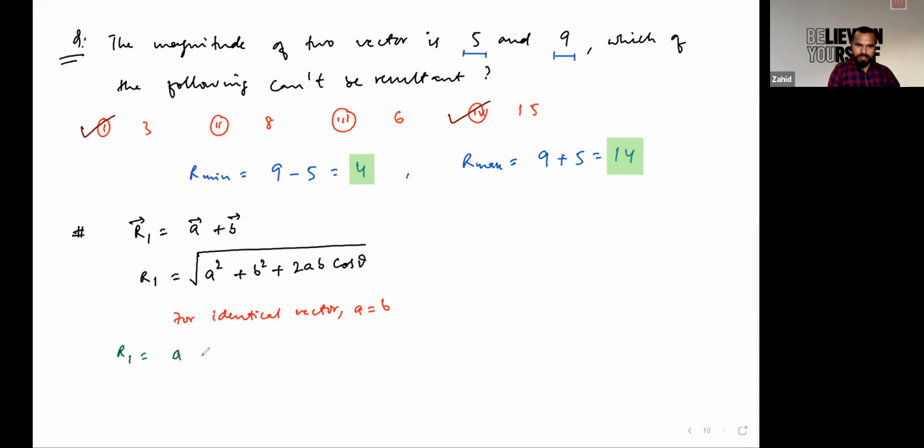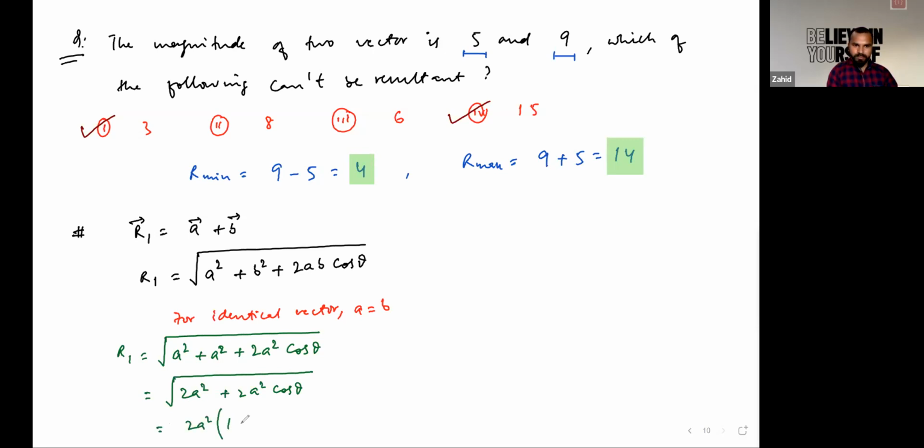R1 is equal to root under A square plus A square plus 2 times A square cos theta. So it will be root under 2 times A square plus 2 times A square cos theta. If you take out 2A square common, it will be root under 2A square into 1 plus cos theta. 1 plus cos theta is similar to cos 2 theta.